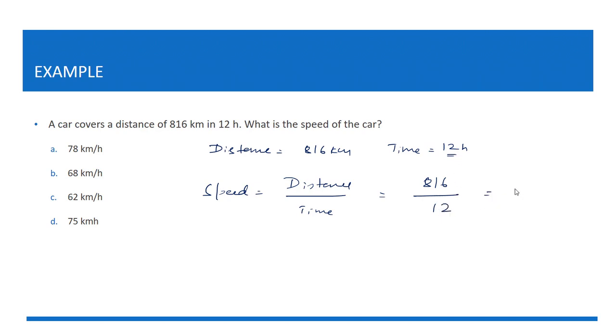Just divide it. 12 6s are 72, 9 remainder, 12 8s are 96, that is 68 kilometer per hour. The answer here is B. They give it in this way only, but you need to be very careful, they may give it in terms of meter or hour as well as seconds. This is a very important part.